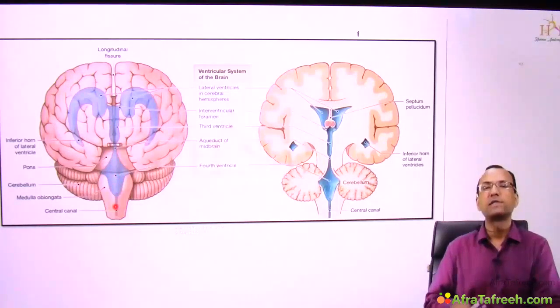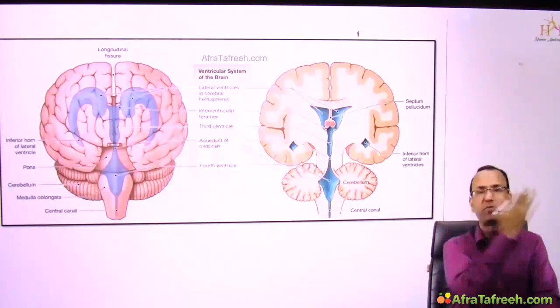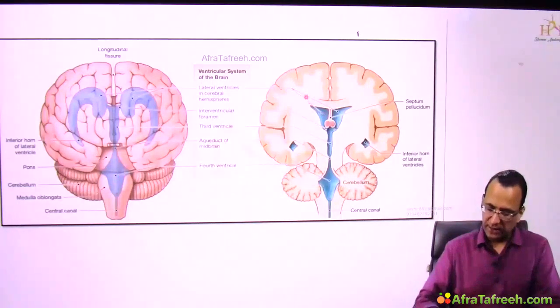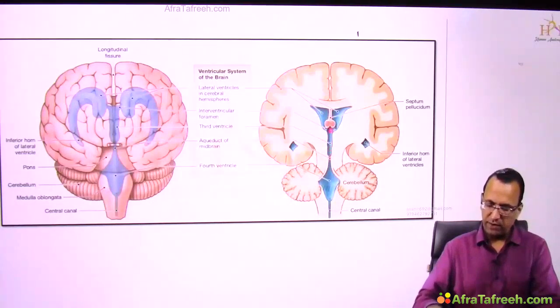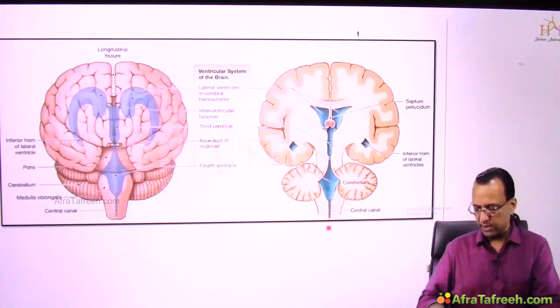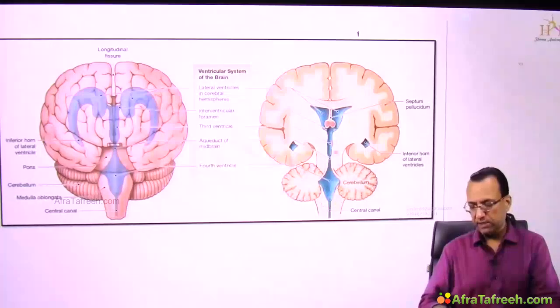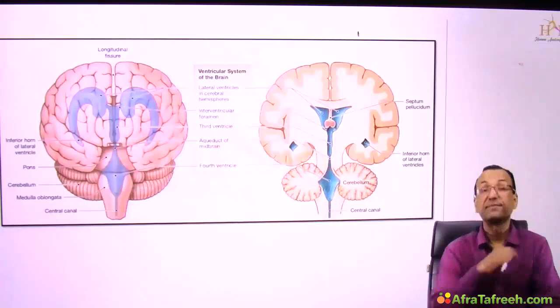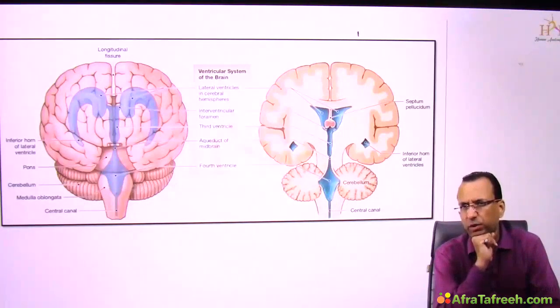If you take a coronal section of the brain and look from the front, you will find that these are the lateral ventricles, and they are sending the CSF into the third ventricle, the midline ventricle, into the fourth ventricle, and into the central canal. The fourth ventricle is a V-shaped or rhomboid-shaped ventricle there. We have drawn this diagram already. Do you remember? But we need more information.